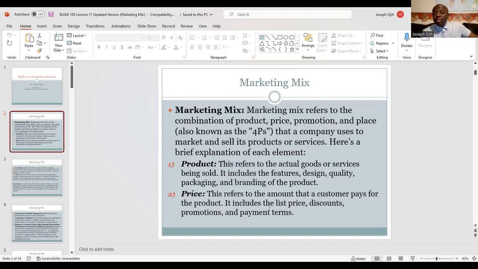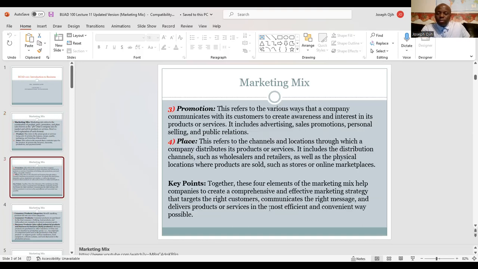And of course, the payment terms, especially when you buy durable products that you have to pay over, let's say, 2 years, 3 years, 5 years. A good example is car ownership. When you buy a new car on credit, usually they give you 60 months to pay it off. All those things are included in the pricing of the products.